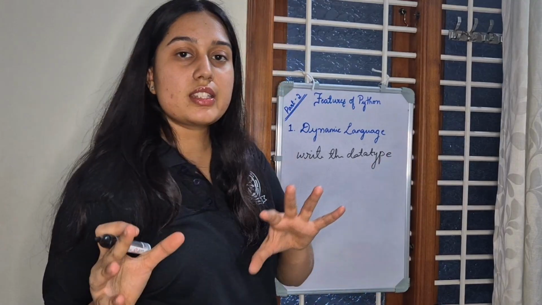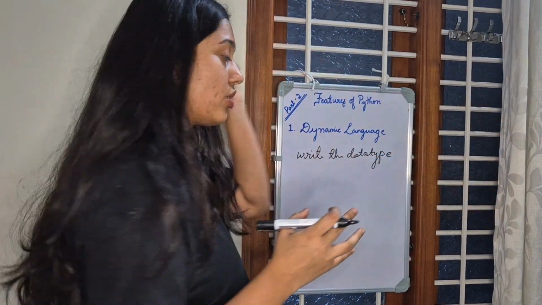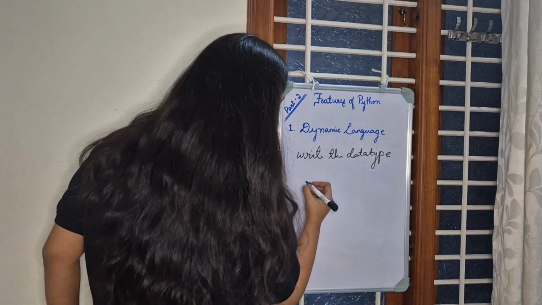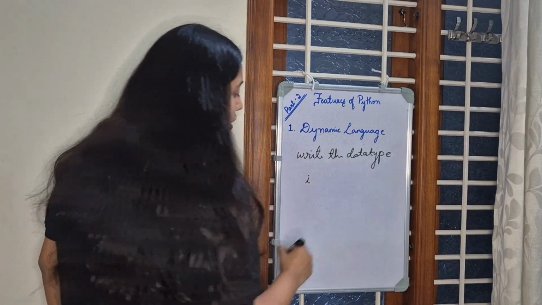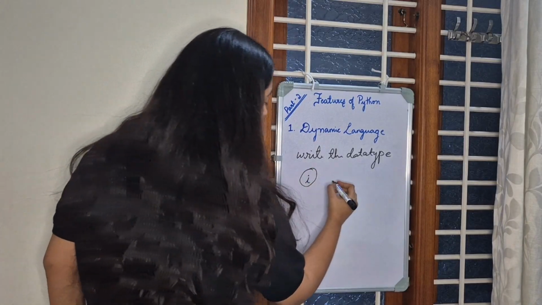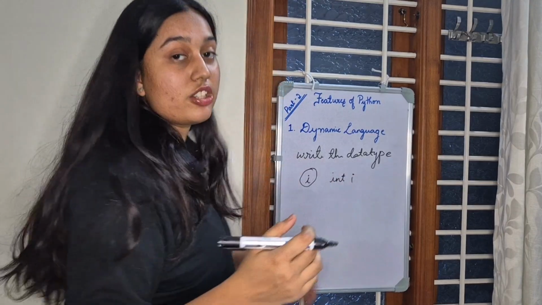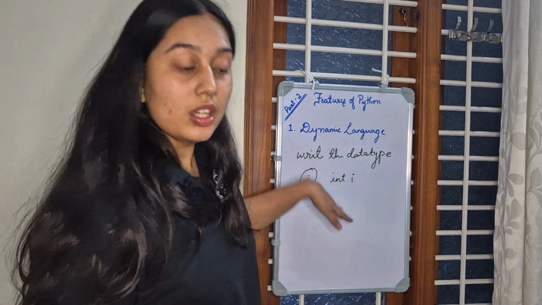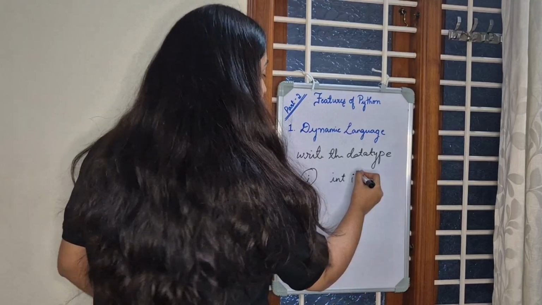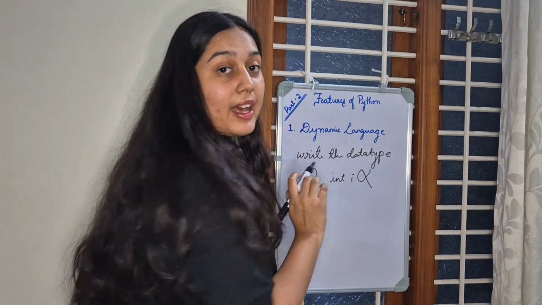I'll give an example with respect to C language. In C language, whenever you have to define a variable, you have to say what i is. So you have to write int i if i is an integer. This is in case of C language. But in Python, you don't have to mention this at all.